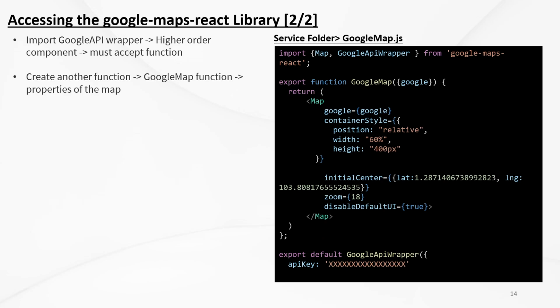Next, we create the function that we have to put in the GoogleApiWrapper, and we name it GoogleMapFunctions. This function will contain the properties of the map, such as the dimensions, where it's zoomed at, etc. Lastly, as you can see here, we pass it to the wrapper, and we are done with this googlemap.js file.